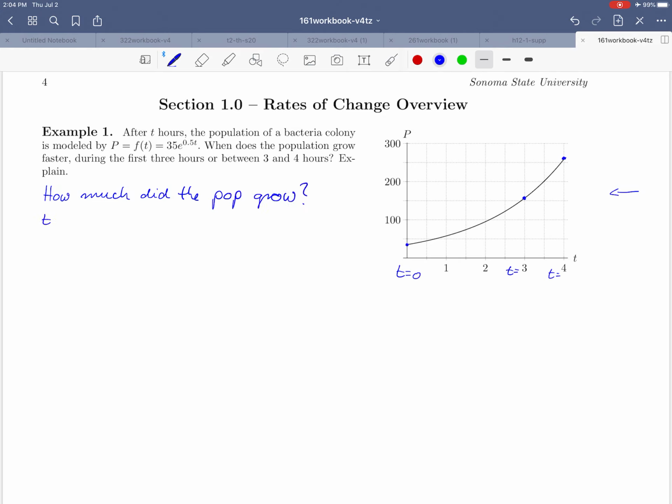Between t equals 0 and t equals 3, so that's during the first 3 hours, the change in population, we actually have a symbol for that. We call that delta P. So this is the change in population.